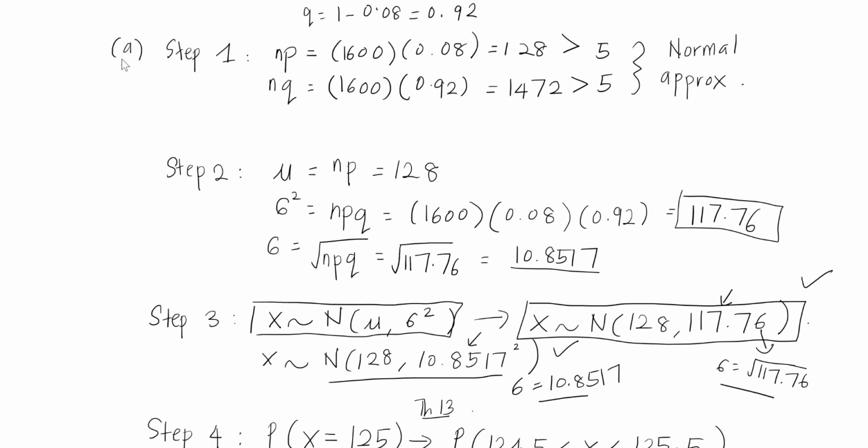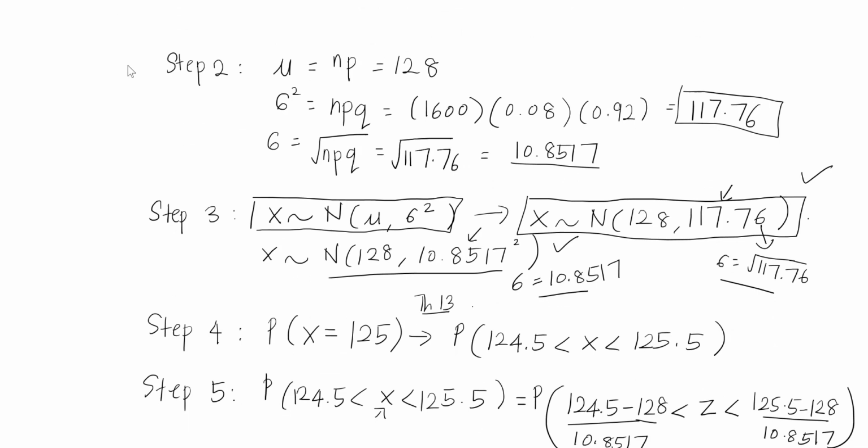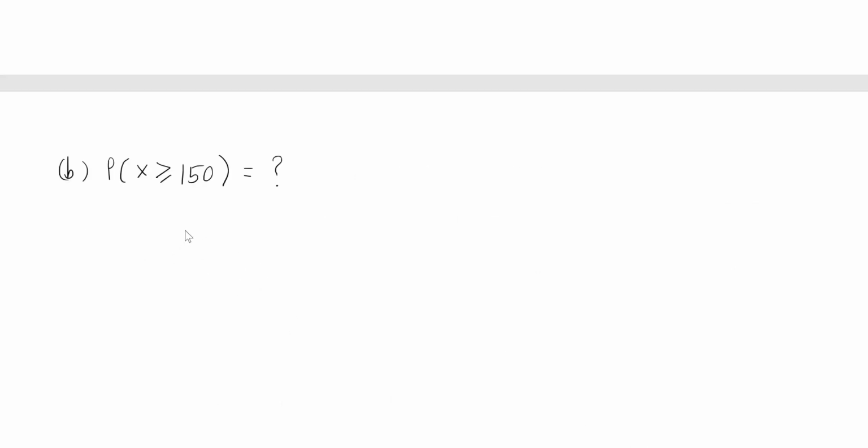From question A, we already have the notation of the normal distribution, so we can use this normal distribution to solve question B. We have our normal distribution with mean 128 and variance 10.8517 squared.